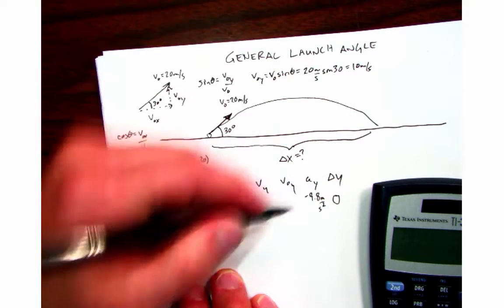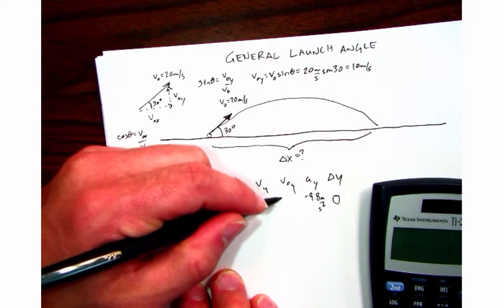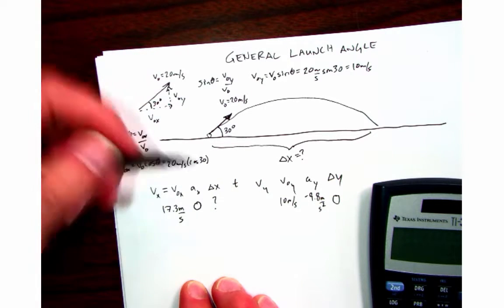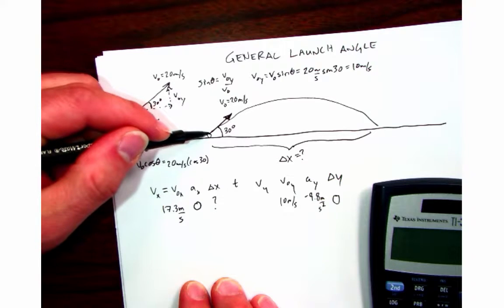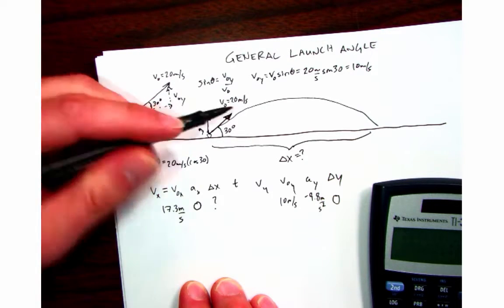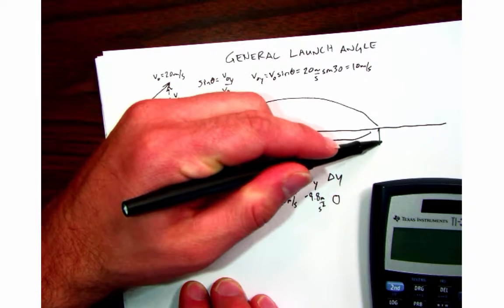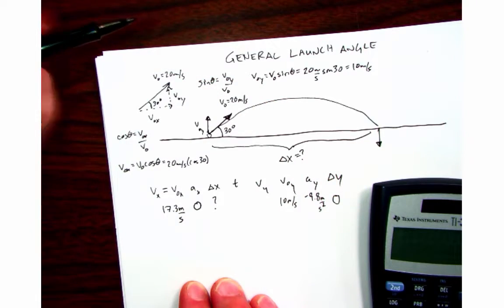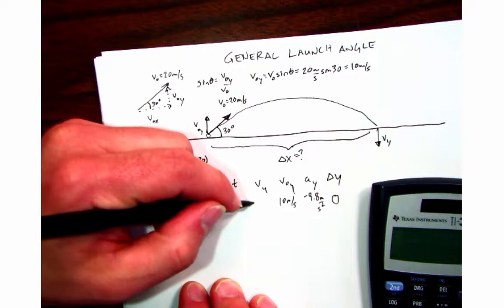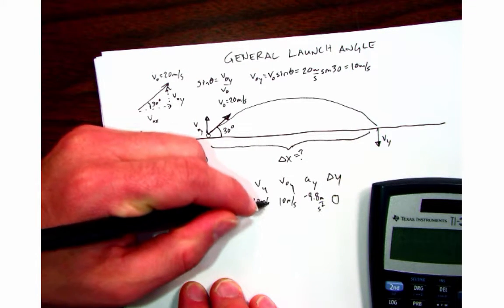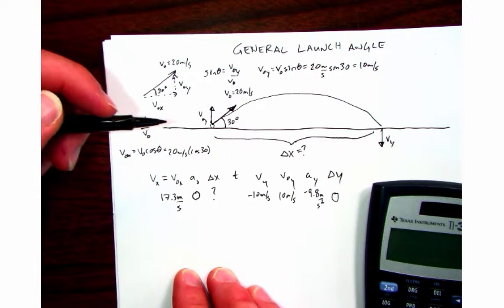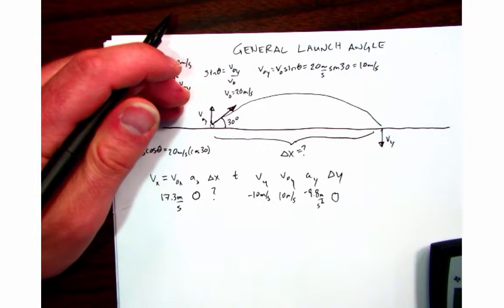So that's what I can put down right here, 10 meters per second. Now I also know that this initial y velocity, v naught y, is the same as the final y velocity over here, Vy. It's just the opposite, so that's going to be negative 10 meters per second. That's only if the ball lands at the same level from where it was kicked.